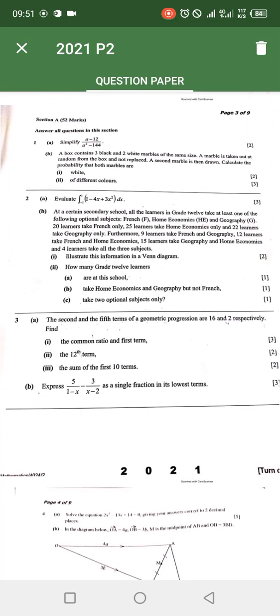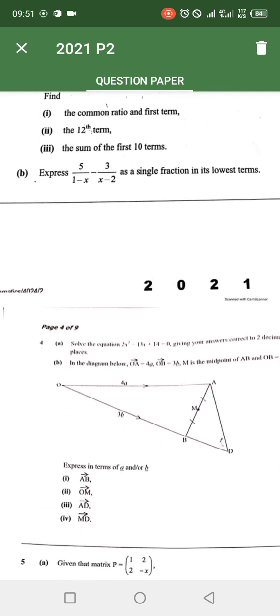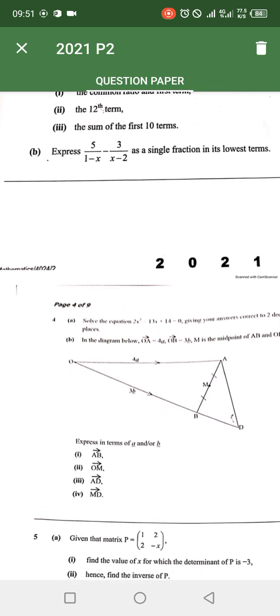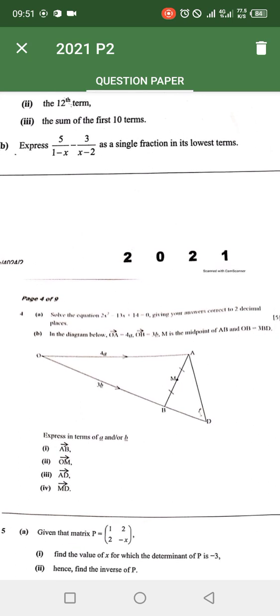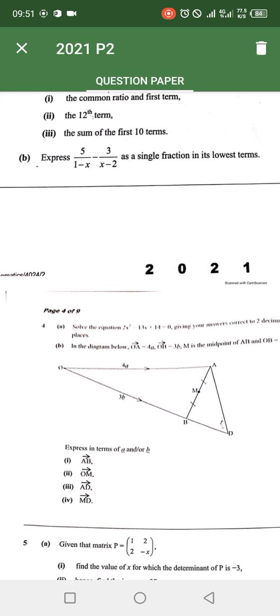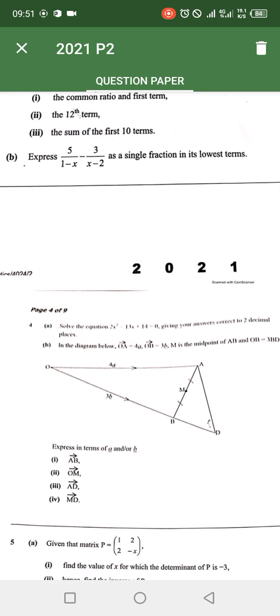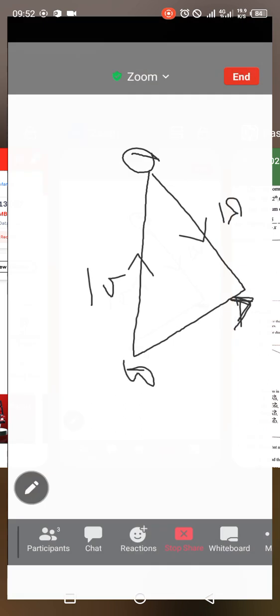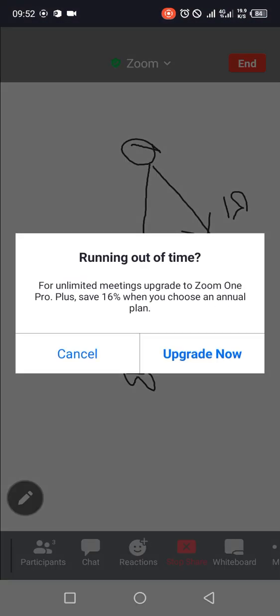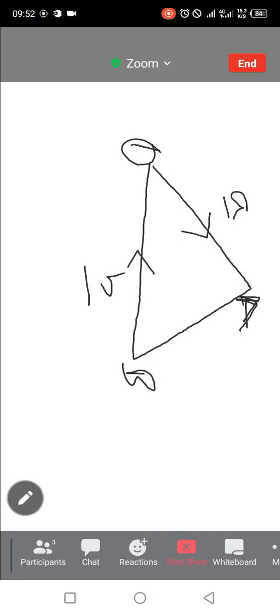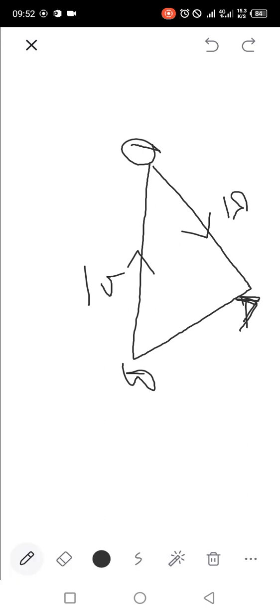I'm using the past paper, 2021 question 4. They normally use the language of express in terms of A or B. Okay, so this is what I just wanted to look for. Let me get back. So yeah, once the meeting ends, you can tap in again.